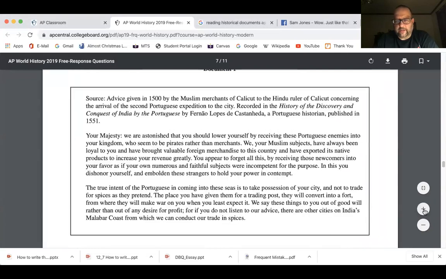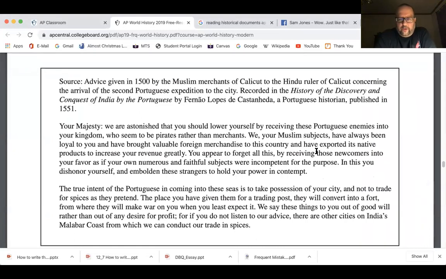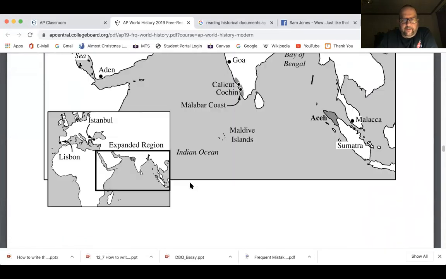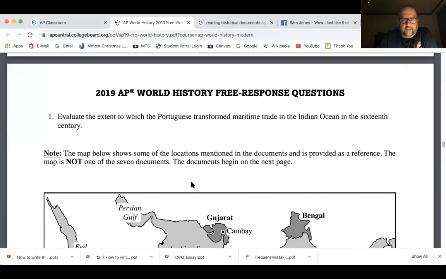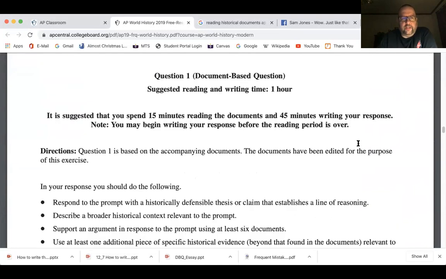Some of your people that may have taken this know this one. Now, I know that we're under a different curriculum and different tests, but I want you to take a look at what documents look like. You can see this one right here, document 1, for example. Okay, so this is the DBQ right here.